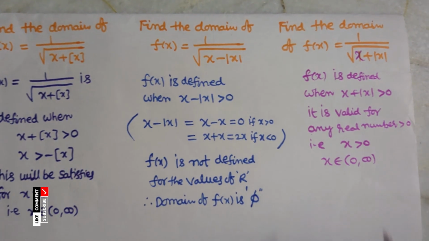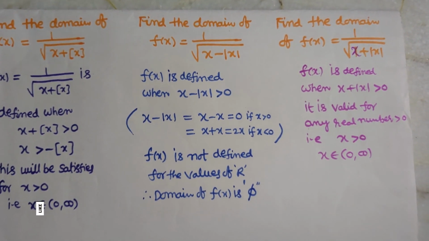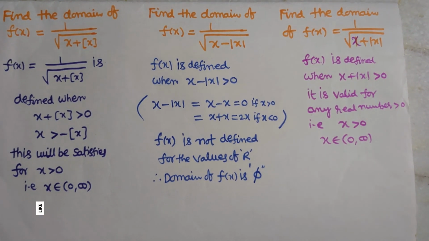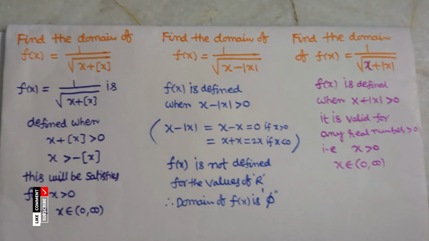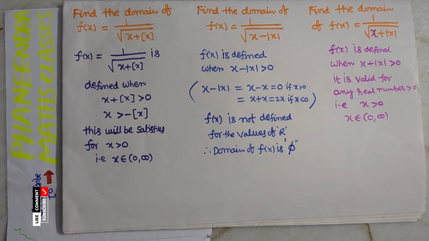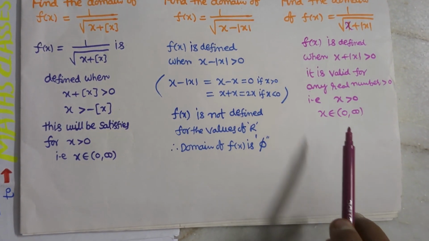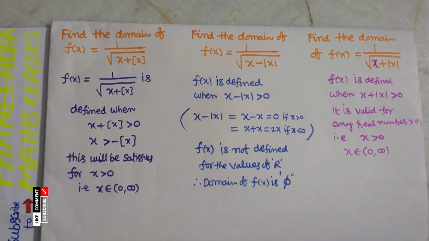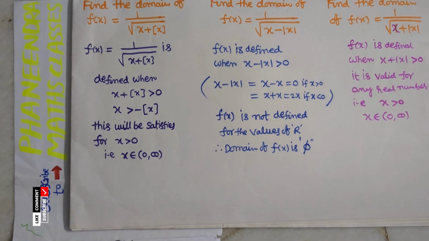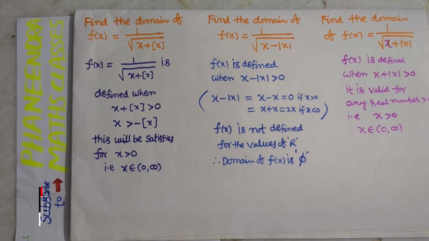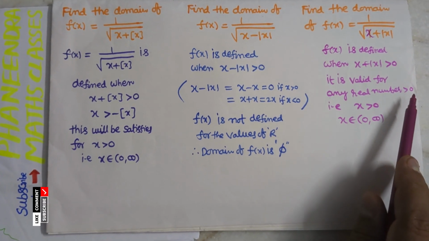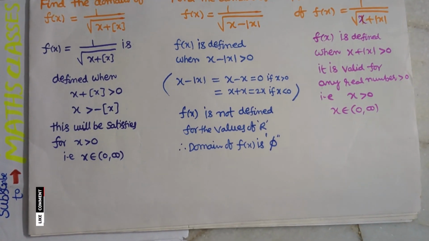So the domain of this function: x plus mod x value is always greater than 0. If we take a negative value, there is no meaning, there is no definition. That is the reason x greater than 0 means x belongs to open 0 to infinity. So it is valid for any real number greater than 0.